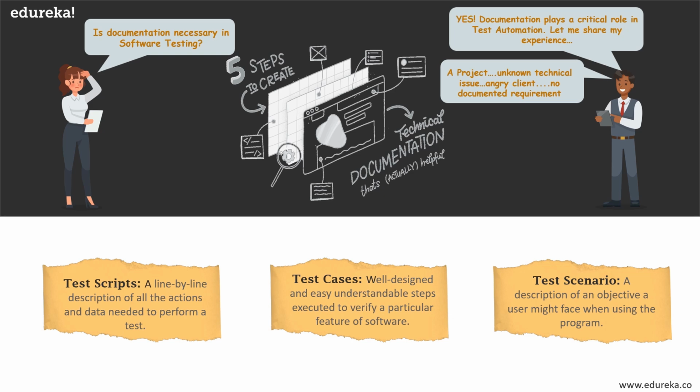Sometimes they also include specific results that are expected for each step. For example, an example step might be, click the X button, and for that step, the example result would be the window closes. So that's what a test script is. It's a detailed way of documenting what you're actually doing during, after, or before the testing.